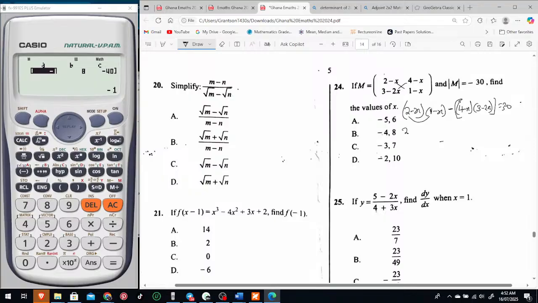This gives you 2, this gives you negative 2x, this gives you negative x, this gives you positive x squared: 2 minus 3x plus x squared.